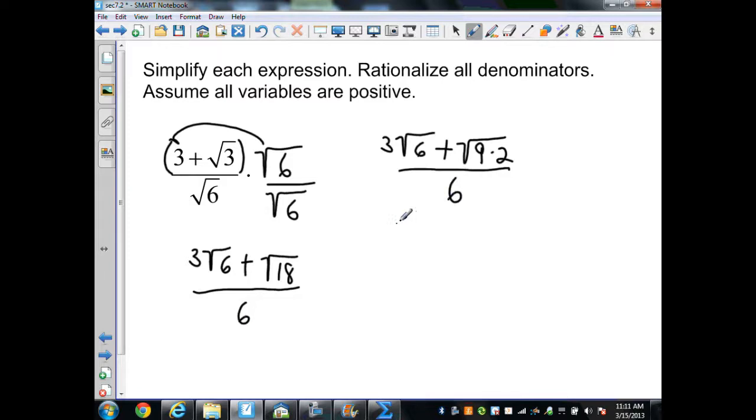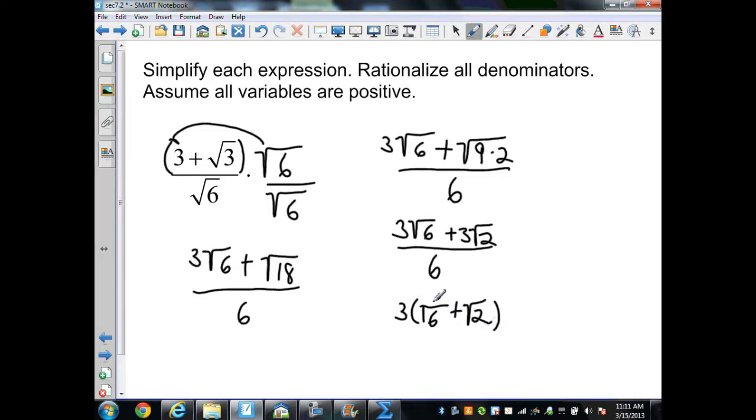That's going to give me 3 square roots of 6 plus 3 square roots of 2 all over 6. Now what I can do is factor a 3 out of the binomial. That's going to give me 3, and inside is going to give me the square root of 6 plus the square root of 2.